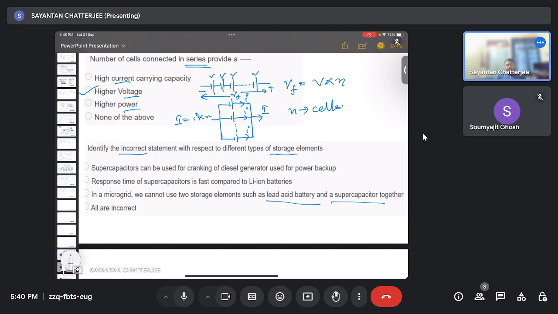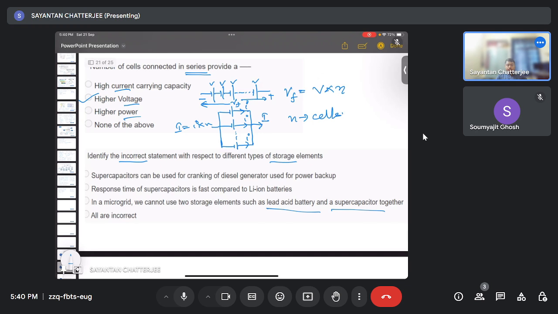All are incorrect. So this one is the correct answer here.